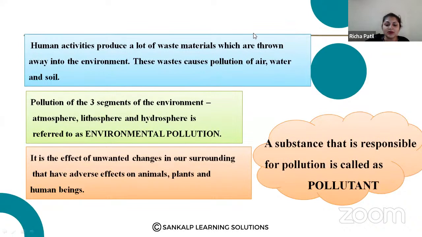Because of the adverse human activities, as they are throwing some waste, there is some undesirable change in the surrounding, so it will cause some harmful effects on the plants, animals, and human beings present in the environment.